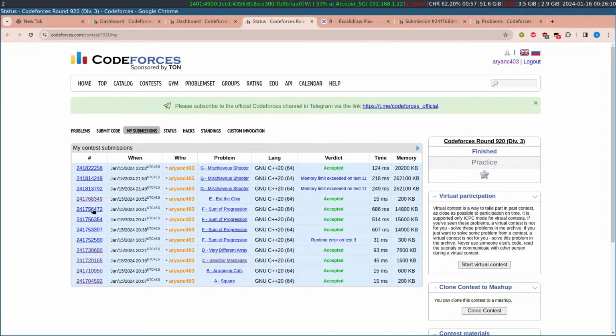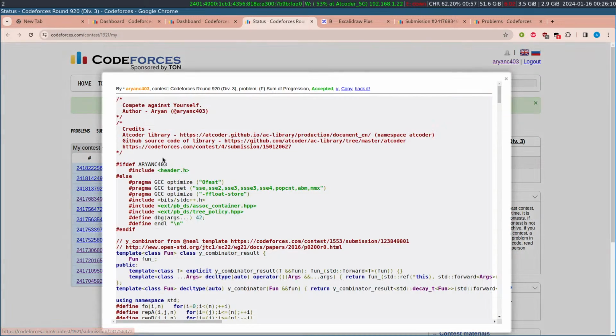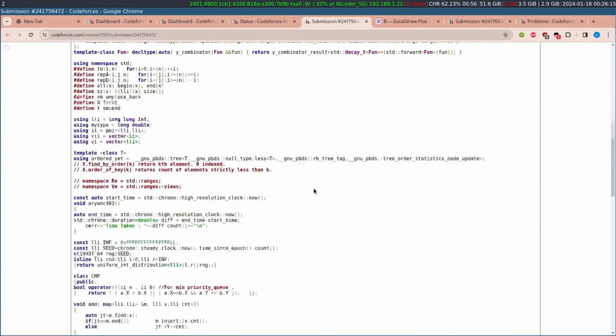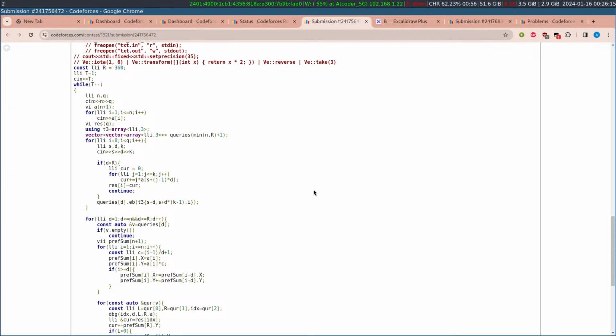Now I will show my code for this problem. The idea is I am taking n and q as input.